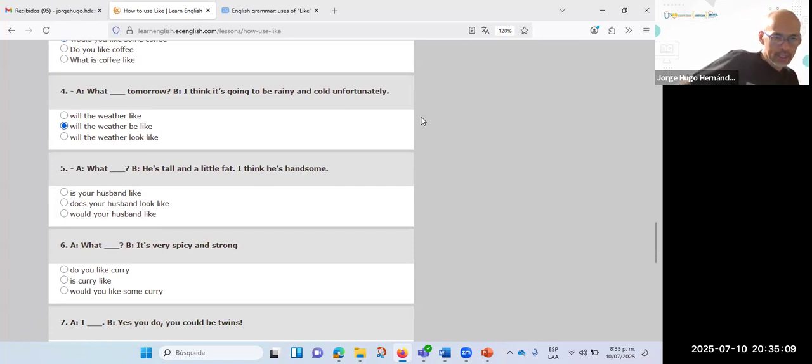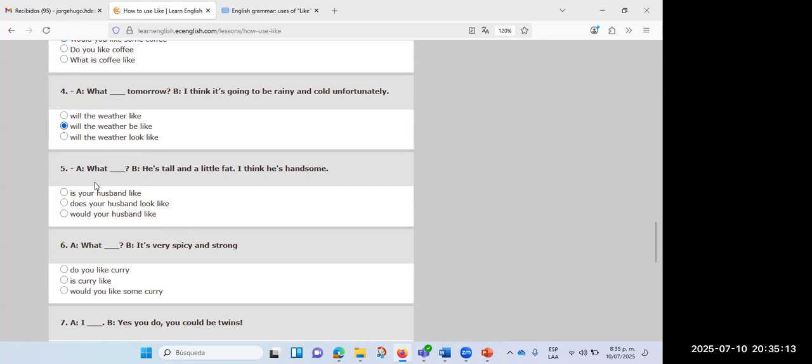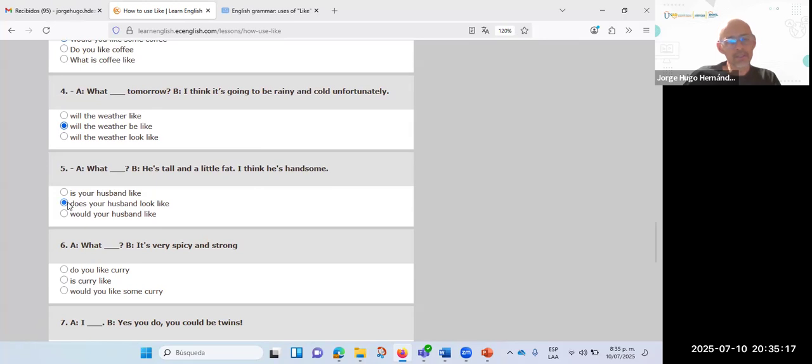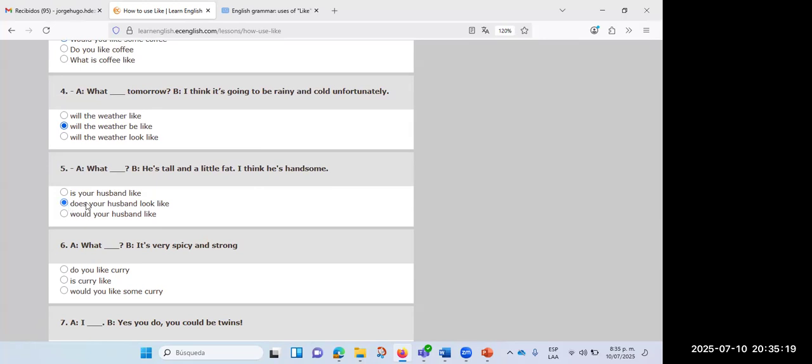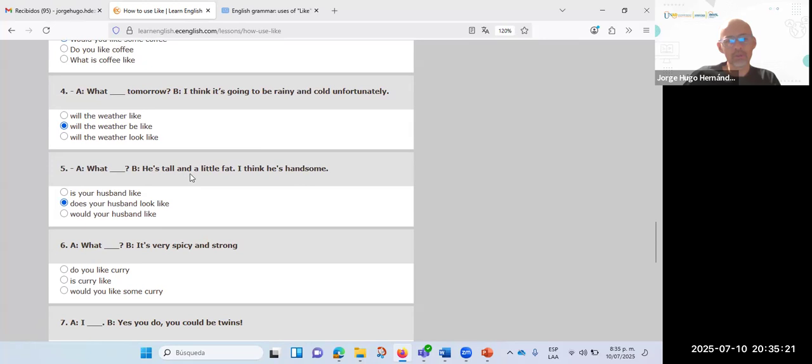Valentina Quintero. Again. What does your husband look like? And the answer: he's tall and a little fat. I think he's handsome. No? So we are answering, giving some characteristics related to appearance, physical appearance.